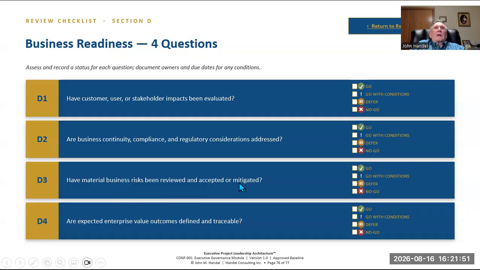Management will sometimes be willing to take a bigger risk if there's a bigger reward out there. They may be willing to take a shot at that bigger reward, but has that been accepted, mitigated, or reviewed? Sometimes not, and this gate process forces that to happen. Are expected enterprise value outcomes defined and traceable?